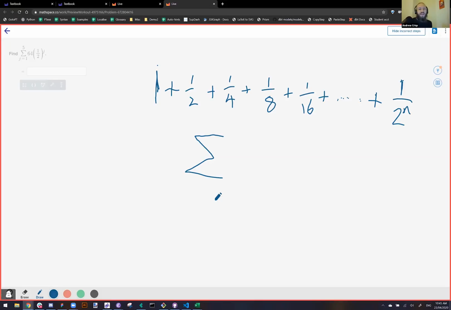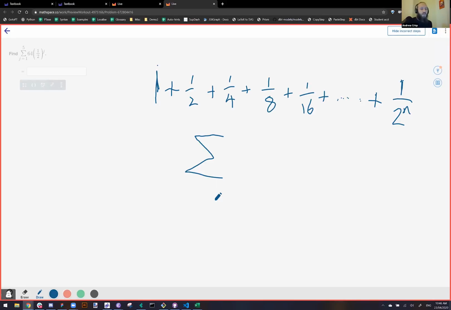So I can see that this is when n is 1, this is when n is 2, this is when n is 3, this is when n is 4, and so on up to some value. And this general form for the terms in the series gives us a clue of what we need to put here when we rewrite it in sigma notation.